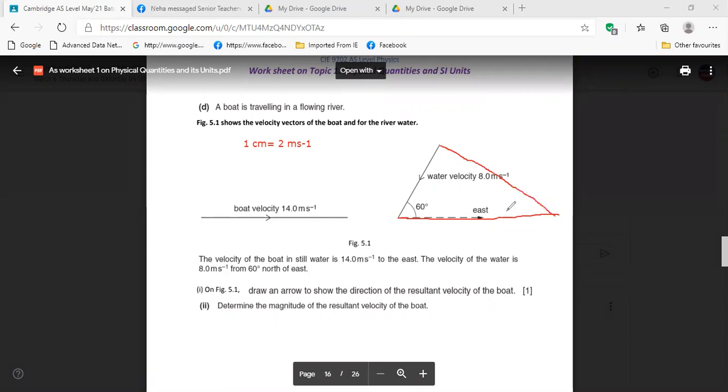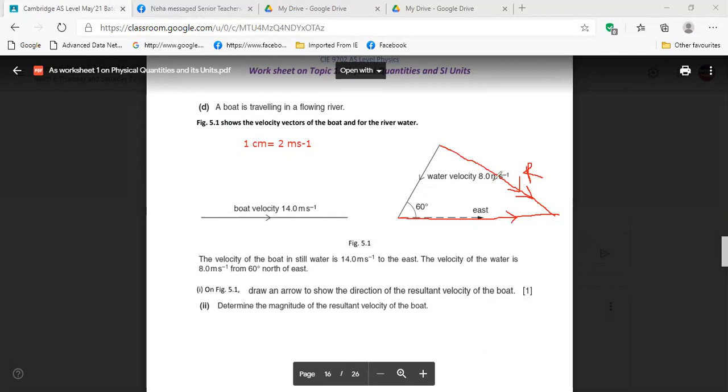What is the triangle rule? If two vectors are represented by two sides of a triangle in the same direction, then the third side in the opposite direction gives you the resultant, right? So it is the resultant.